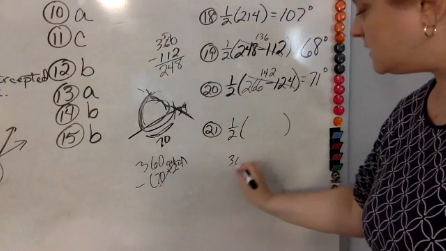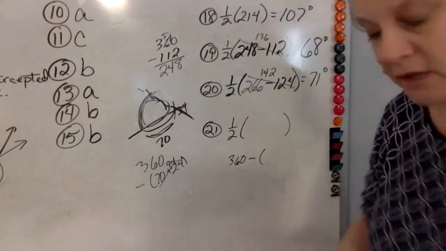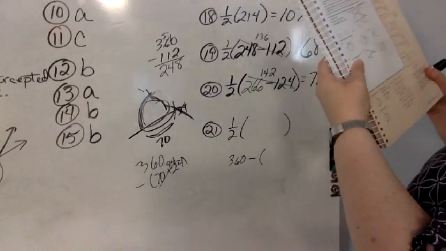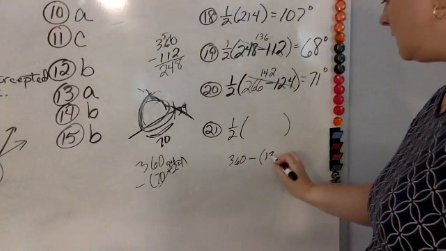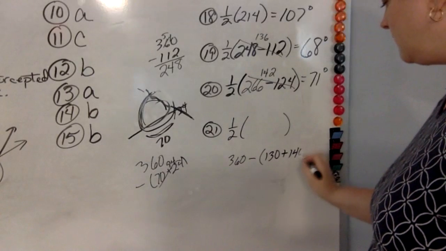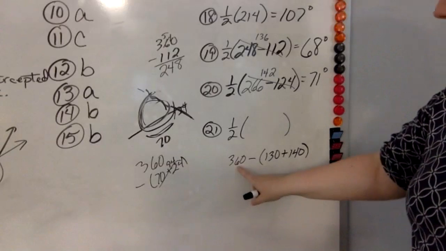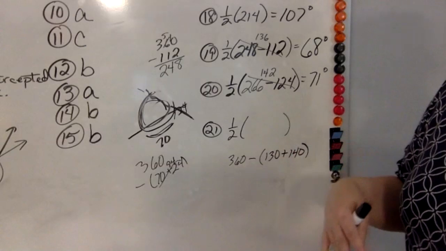So you have 360 minus the two parts that they did give you, 130 and 140. So you add the two parts that it gave you and subtract from 360 to find the part you really need.